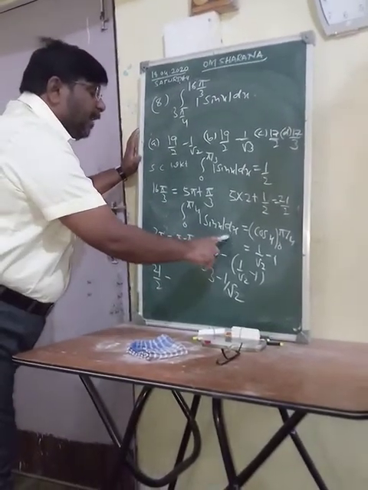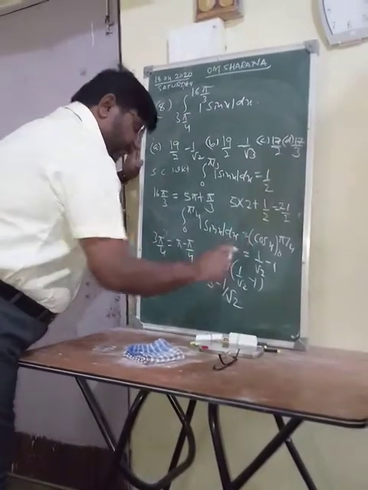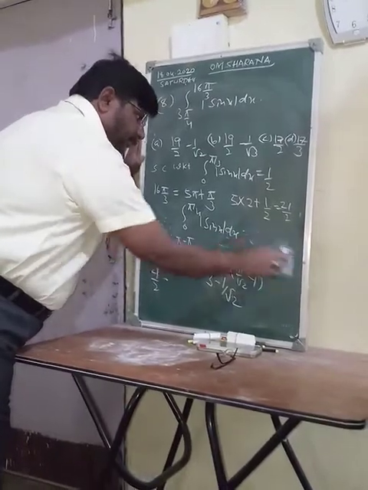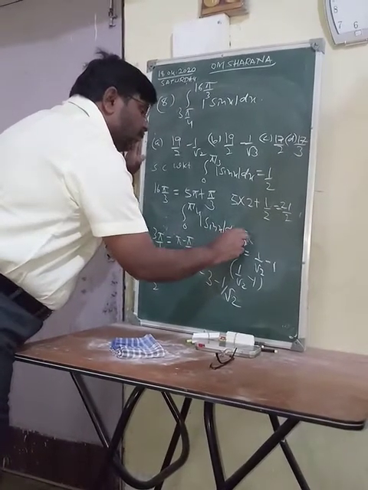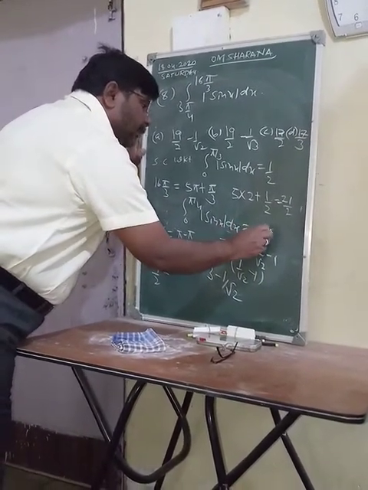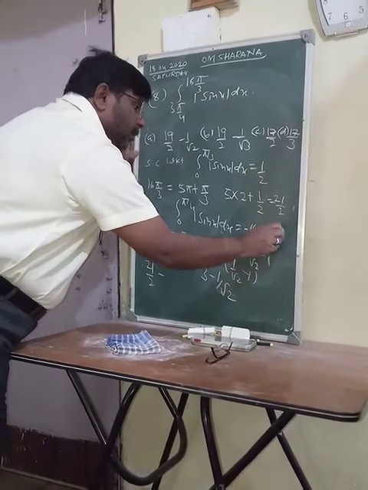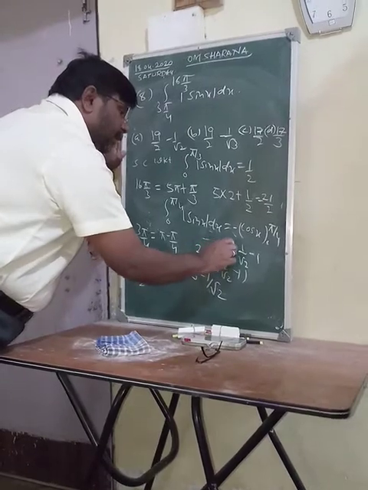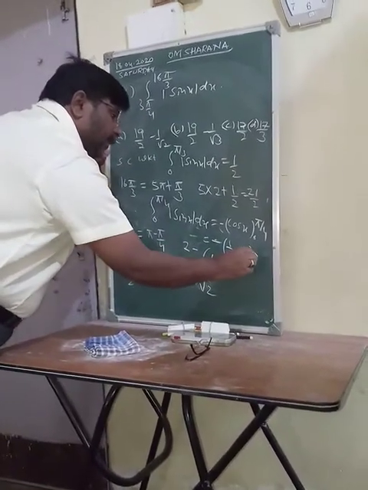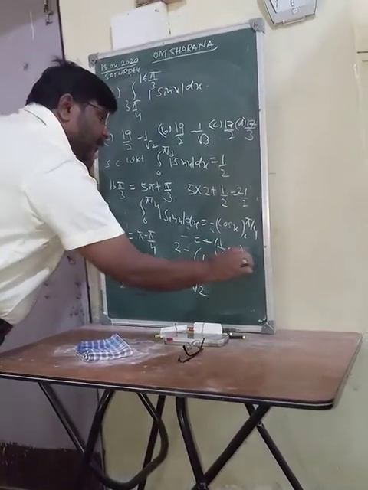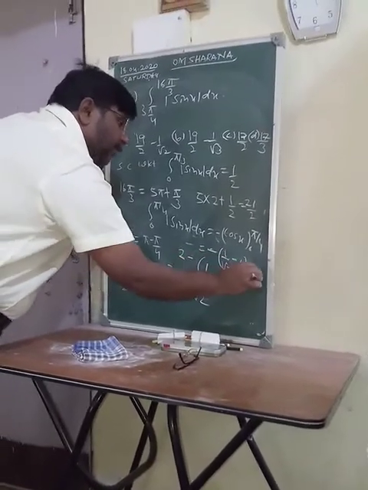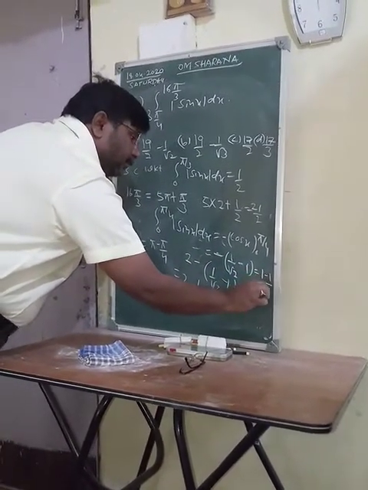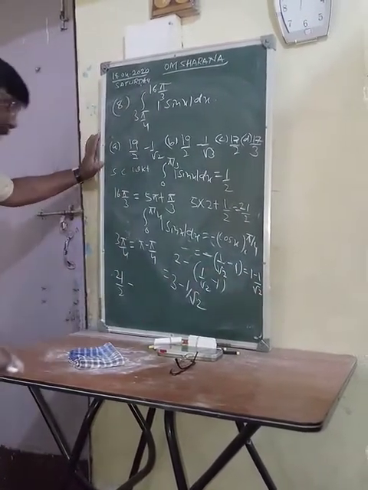Integral of sin x dx equals minus cos x, from 0 to pi by 4. It is minus of this, equal to minus of minus 1 plus 1 by root 2.